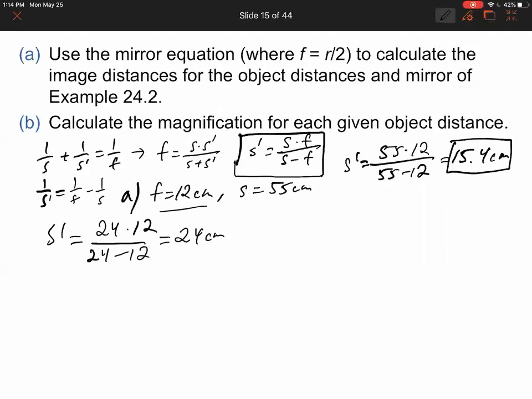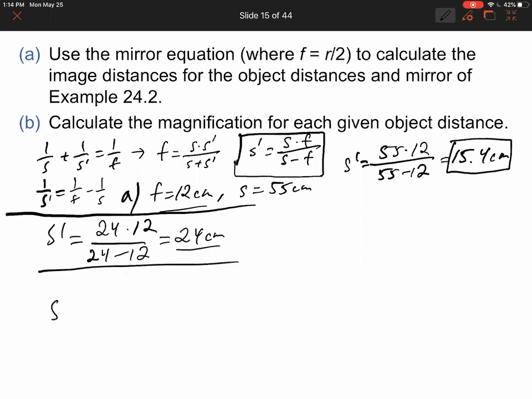This was the case where the object was positioned exactly at the center of curvature, and the image was right underneath, which is also the same distance as the object from the mirror. That's why you get 24. You can see s prime is positive for the first one and positive for the second one, because both of those images were real, in front of the mirror, and that means the image position is positive.